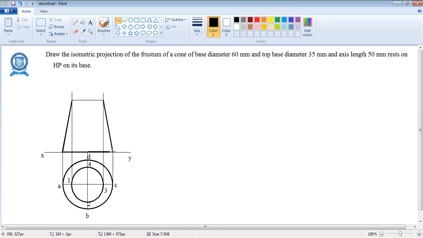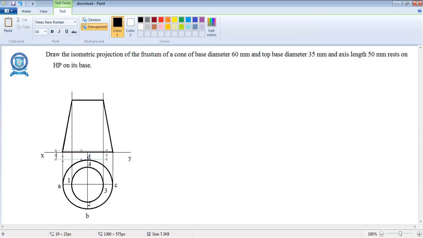So this is the front view of the frustum of a cone. Top base is 35 mm and bottom base is 60 mm. Okay, we have to mark the points.